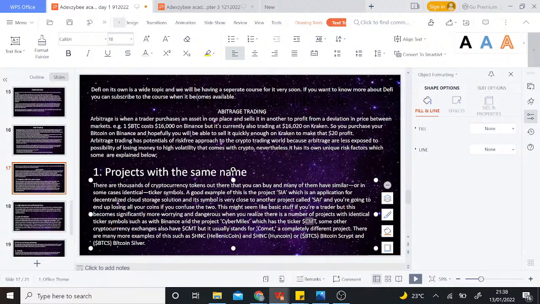In fact, the worst part is this. Maybe you have bought this on Binance and you are now trying to move it to another crypto exchange. You copy your receiving address from this other exchange, put it on Binance and send. That means you are sending a wrong coin to a wrong address chain. Your coin will be lost forever.